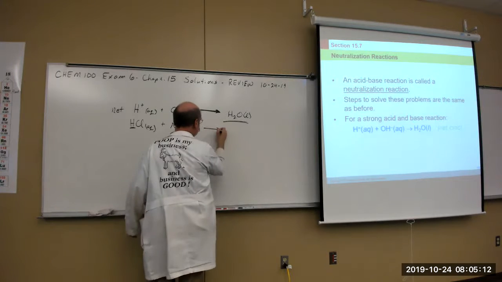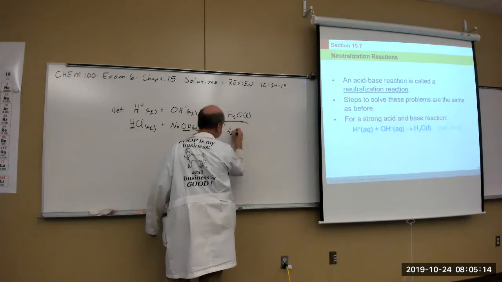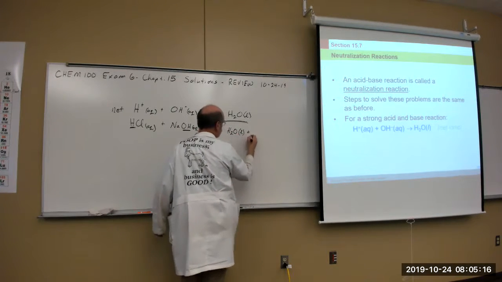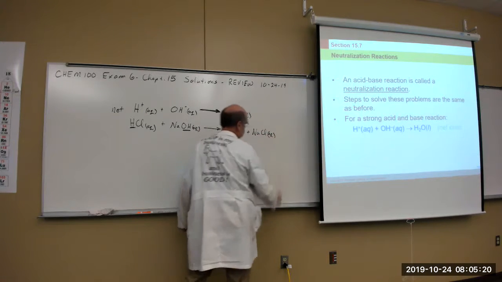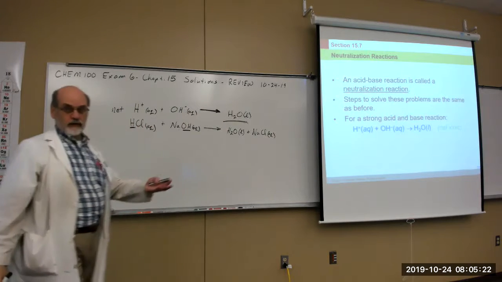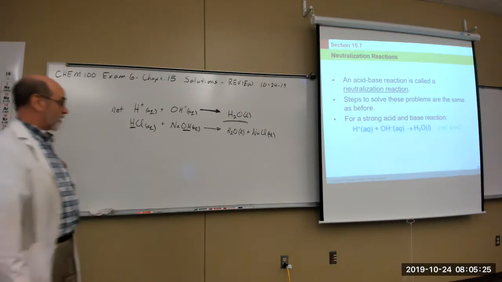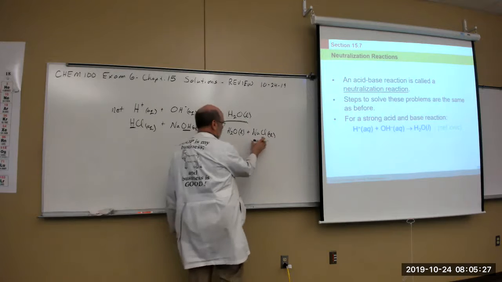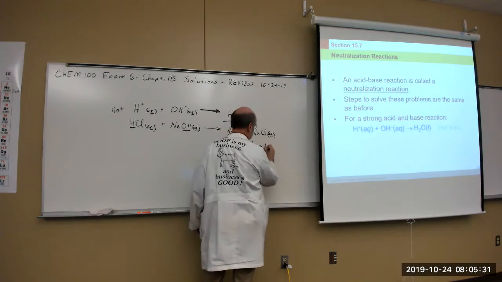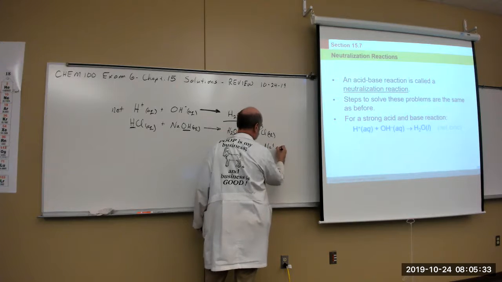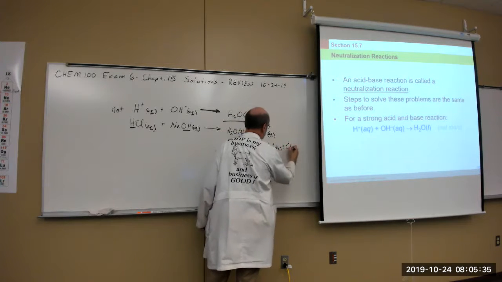In this case, you'd still produce water, but you'd also produce sodium chloride in solution. And of course, we know that this molecular expression is actually sodium ions and chloride ions.